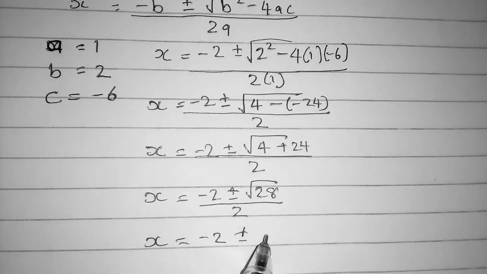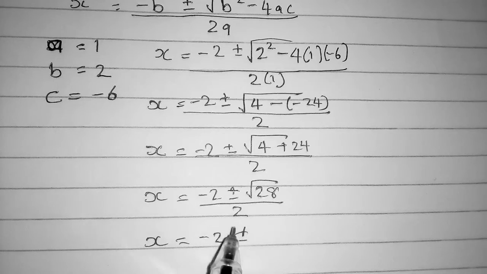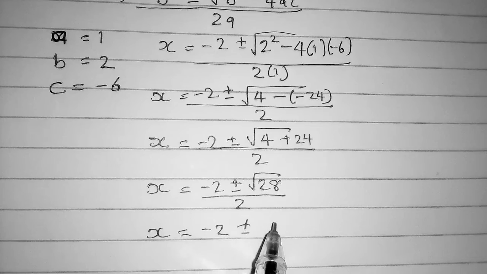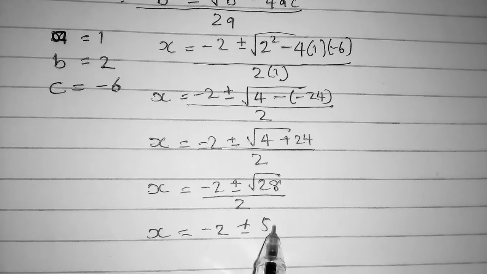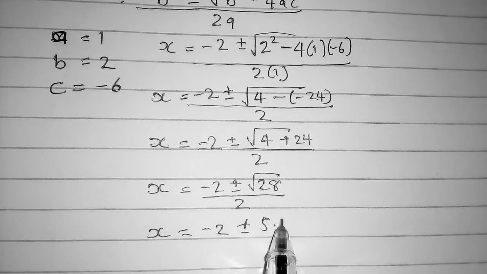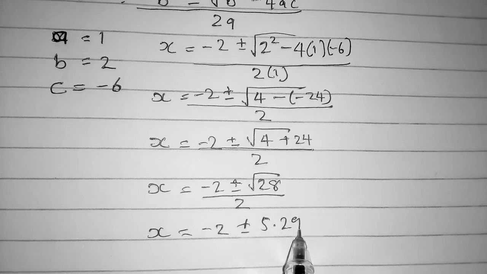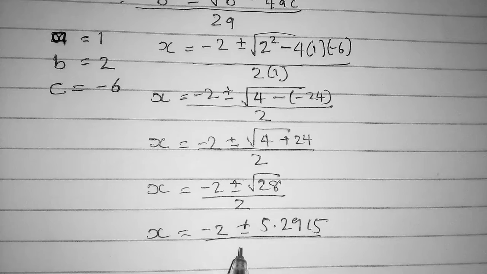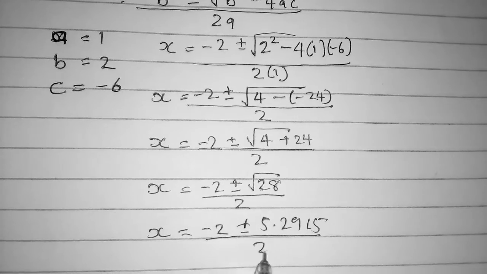Square root of 28 will give us 5.2915, divided by 2.